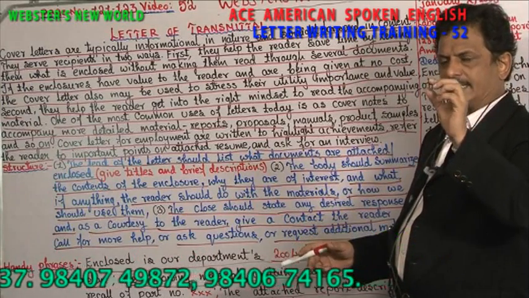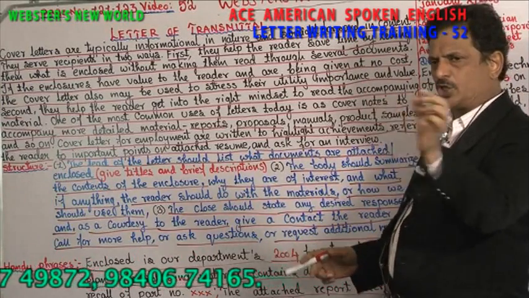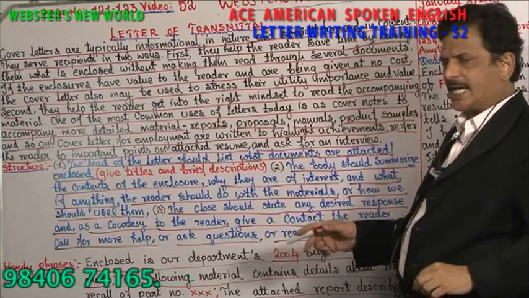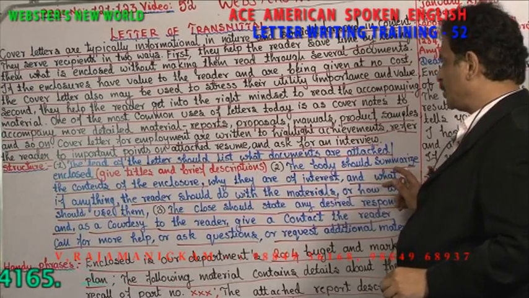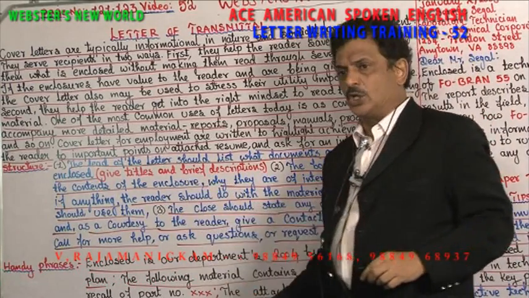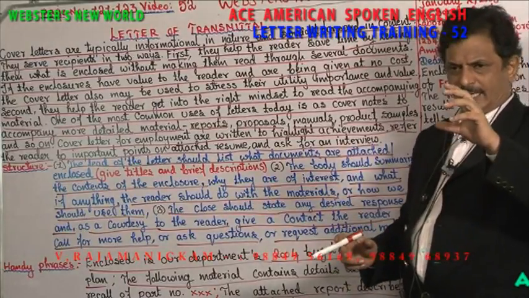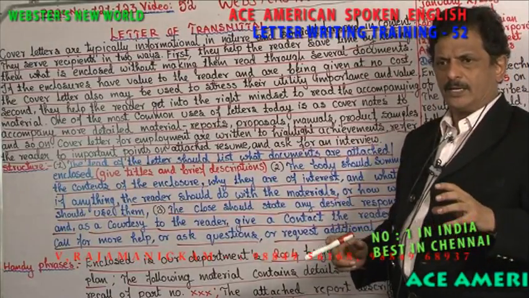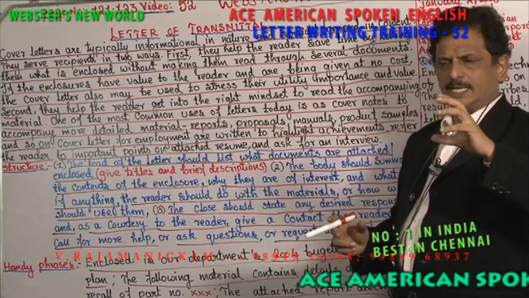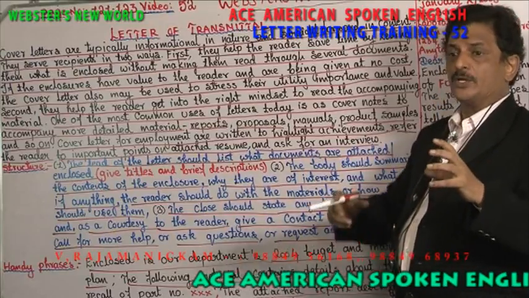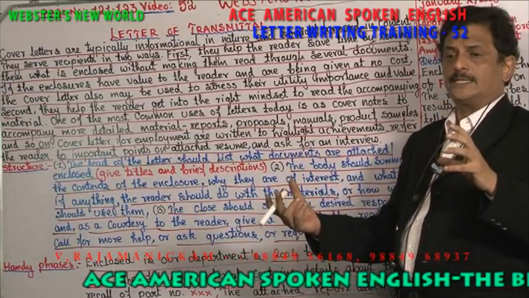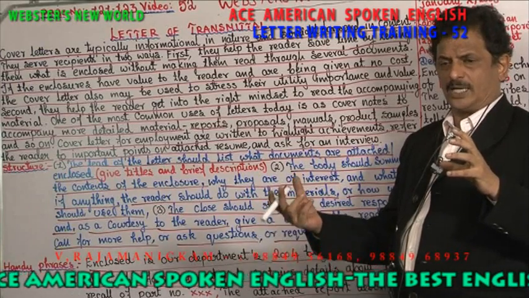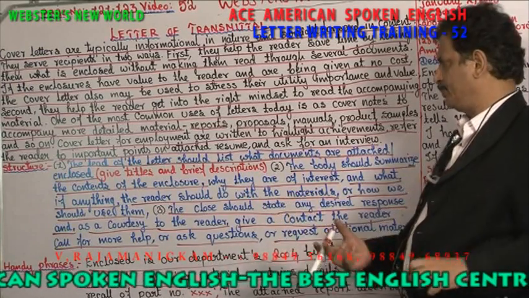Whatever is attached, you give titles and a short description about it. The body should summarize the contents of the enclosure. Whatever you are writing in the covering letter, you should tell what materials are enclosed, in a short description.